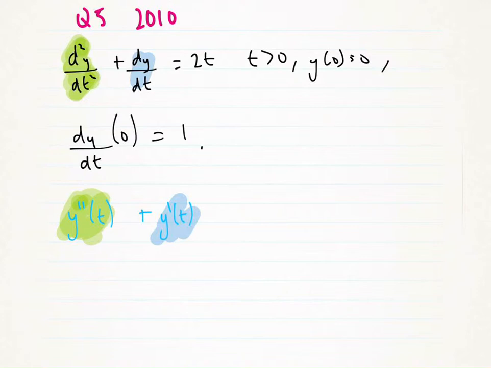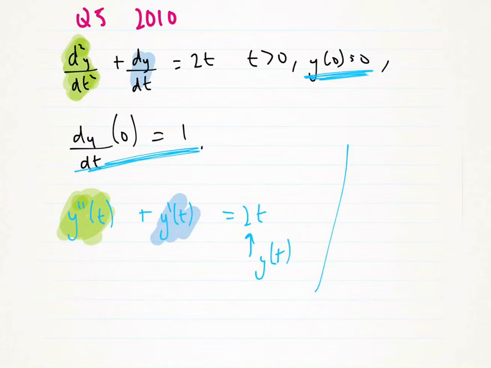The two dashes here mean it's differentiated twice, and the one dash there means it's differentiated once, equals 2t. That's really y of t. This one here is in the right notation. This one here is differentiated once, so I'm going to write it as y dashed of 0 equals 1. Now the notation is tidied up.